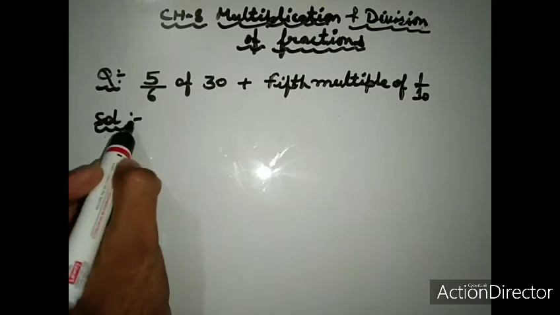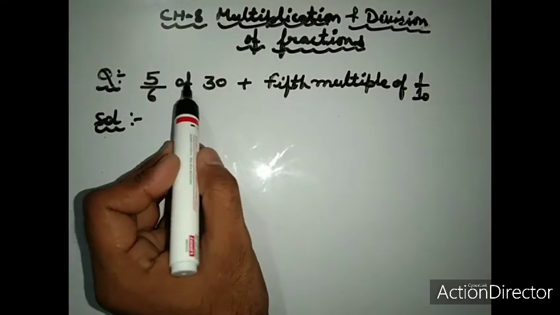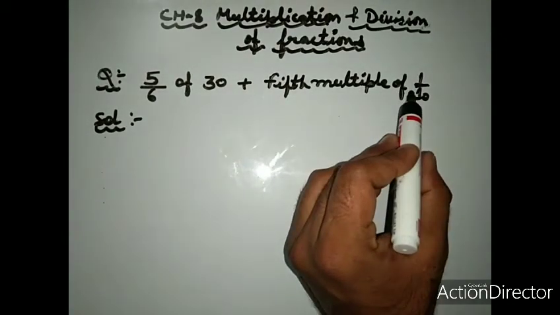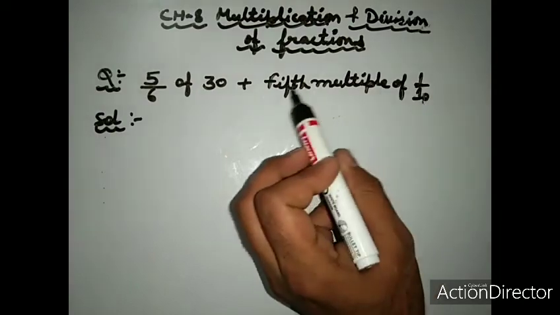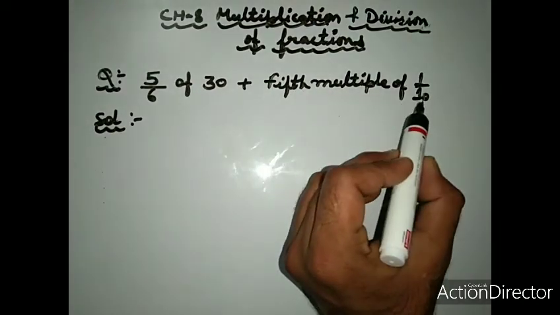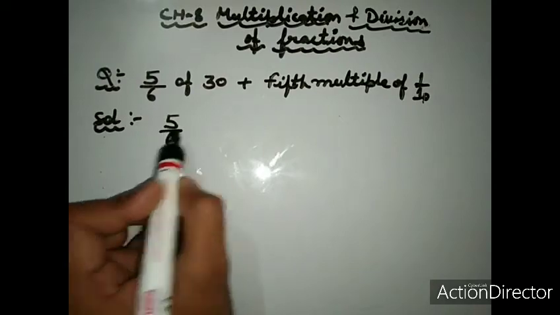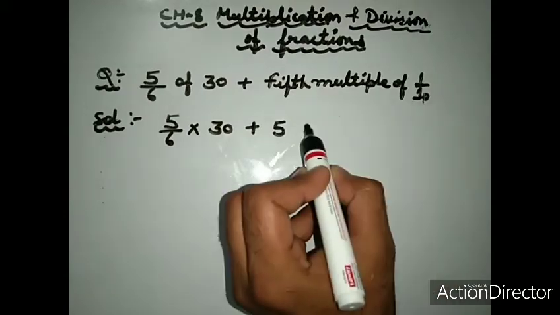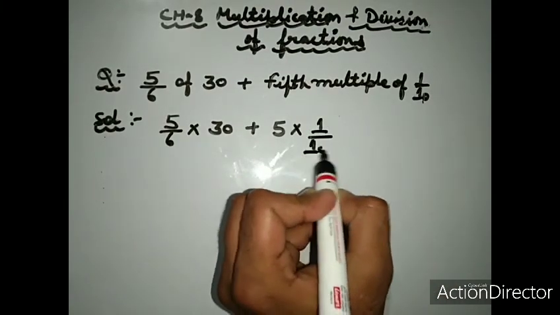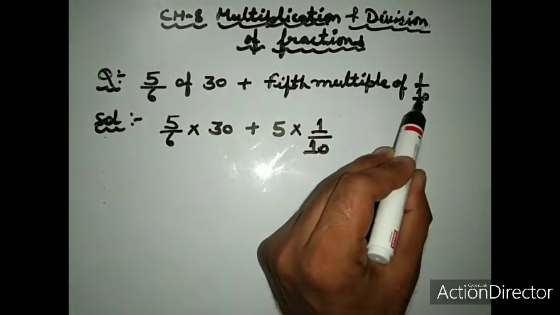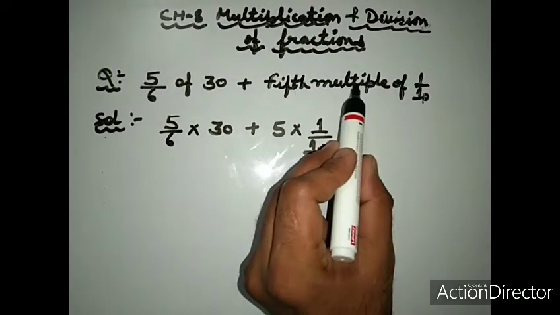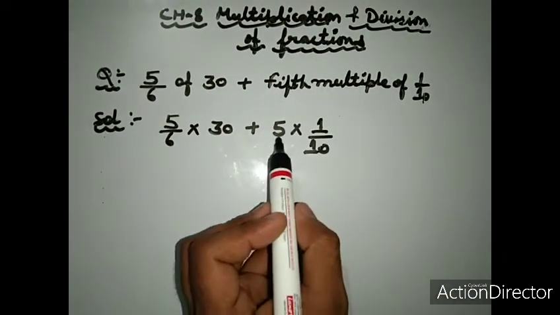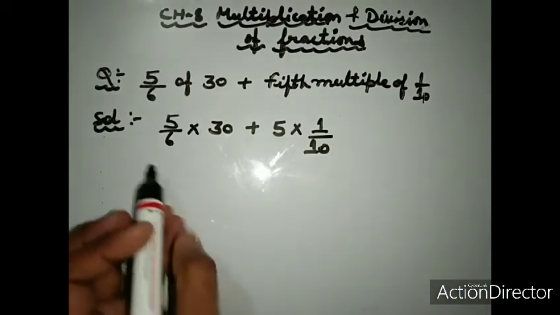So you all know that here "of" means multiplication. Here we replace this "of" by multiplication. And fifth multiple of 1 upon 10, so here we write 5 multiplied by 1 upon 10. So here we write 5 upon 6 multiplied by 30 plus 5 multiplied by 1 upon 10. Here this fifth multiple of 1 upon 10 is the same as 5 times 1 upon 10. So here you multiply 5 by the fraction 1 upon 10.